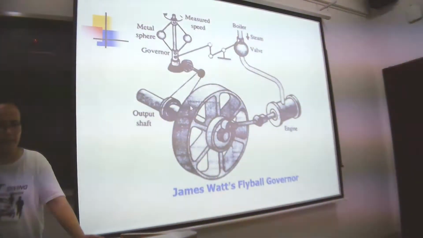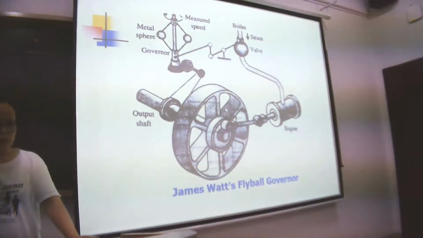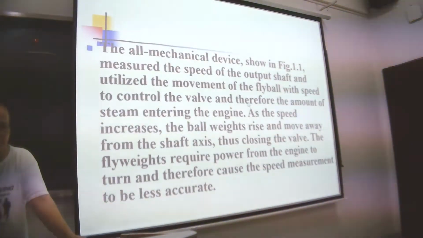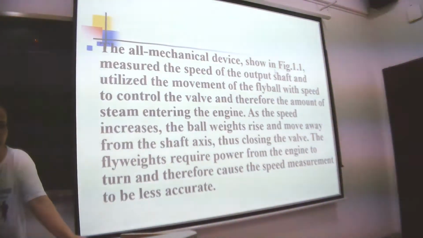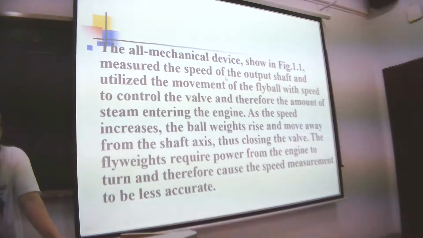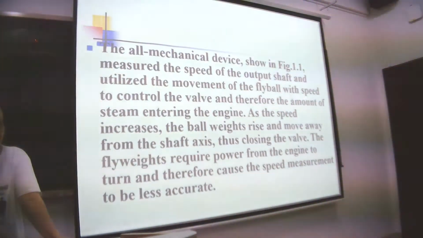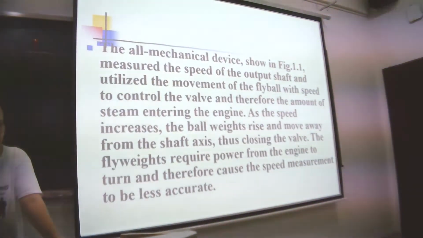This is James Watt's flyball governor. It is used to control these systems. The mechanical device shown in this figure measured the speed of the output shaft and utilized the motion of the flyballs with speed to compute the valve position, and therefore the amount of steam entering the engine.